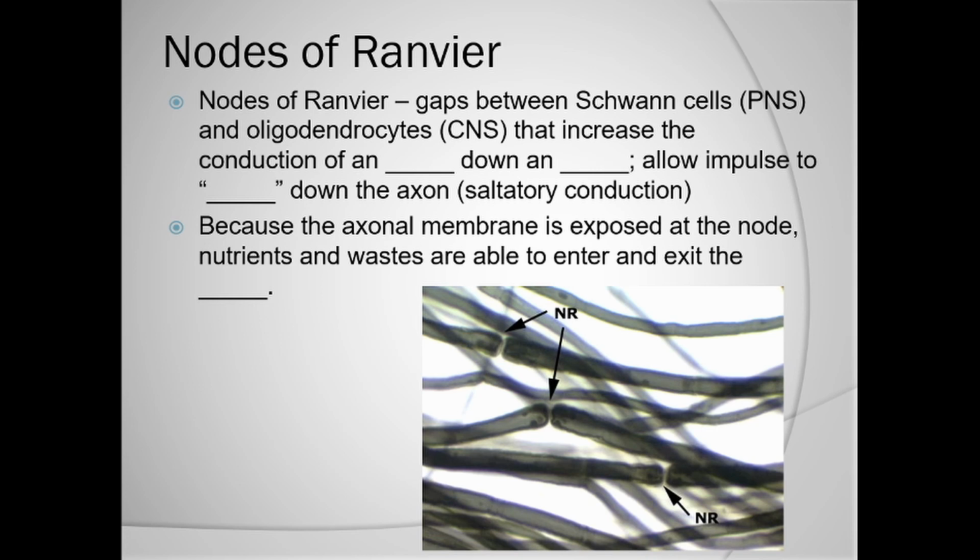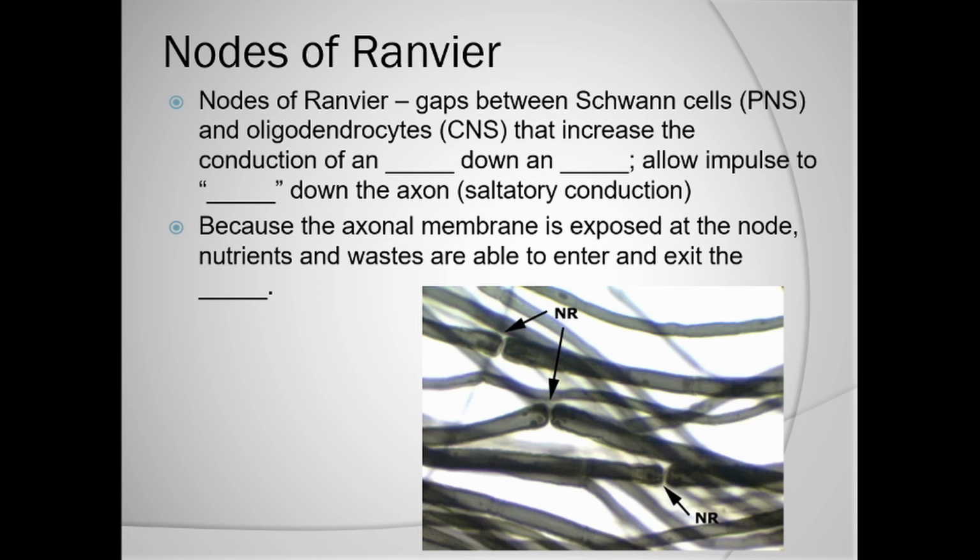They allow the impulse to, quote, jump down the axon, and that's called saltatory conduction. It comes from the Latin word saltare, which means to jump or to hop. And so this enables quick conduction. So nodes of Ranvier are important in nerve impulse and the conduction of the impulse.